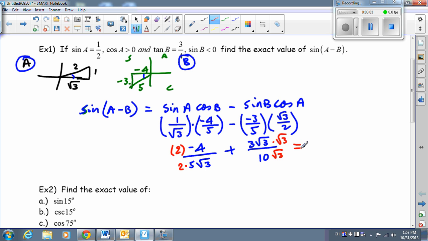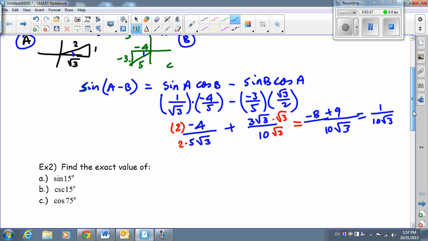After multiplying, I will get -8 here over 10 square root of 3. I can keep that as the common denominator. And this one I will have 3 times 3, which is 9. So here I have 1/10 square root of 3. I will accept this answer, but of course you should know it by now.